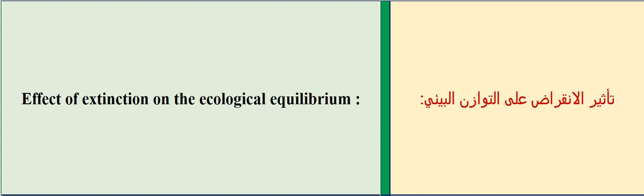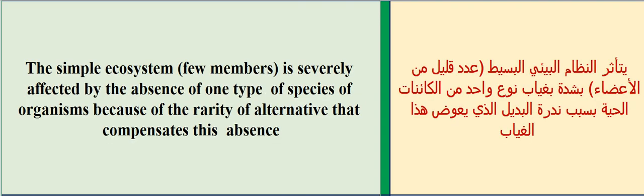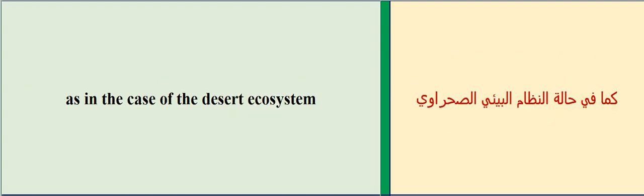Effect of extinction on the ecological equilibrium. The simple ecosystem, with few members, is severely affected by the absence of one type of species of organisms because of the rarity of alternatives that compensate this absence, as in the case of the desert ecosystem.